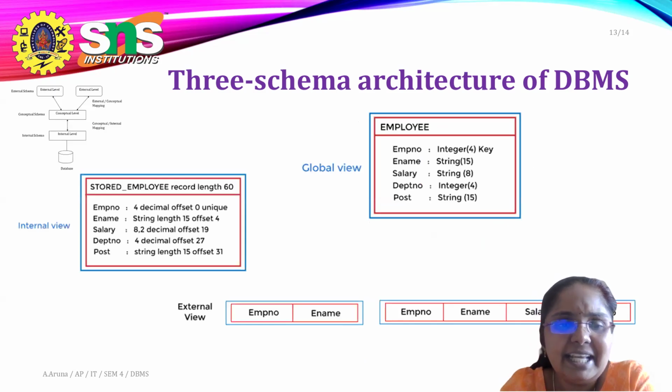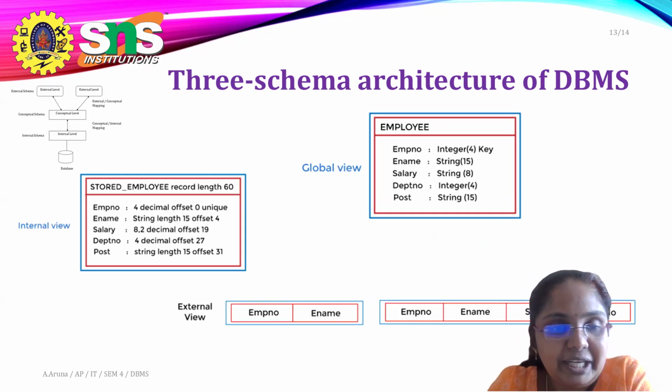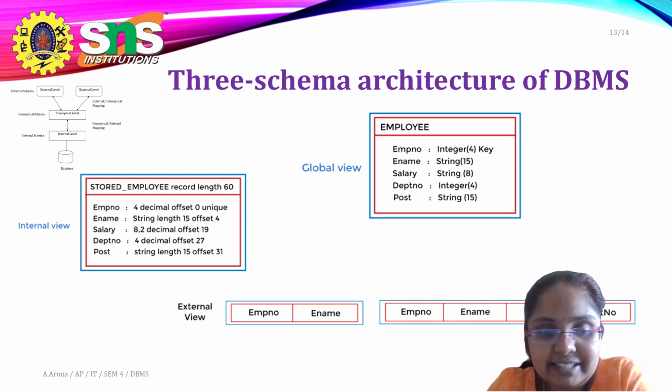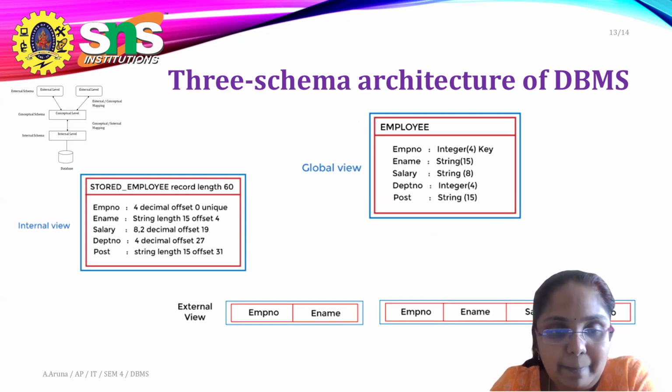The next thing is the three-tier architecture, which we're going to see in depth here. We have three levels: the internal level, the conceptual level or global view, and finally the external view. For the internal view, I'm going to use the employee database.